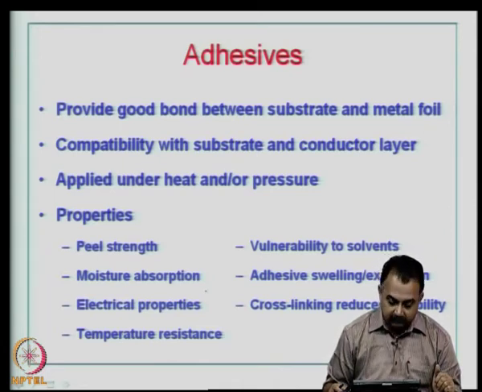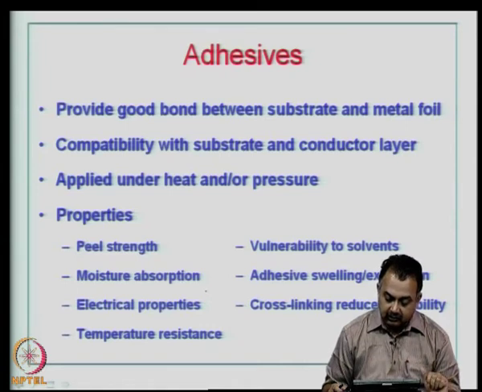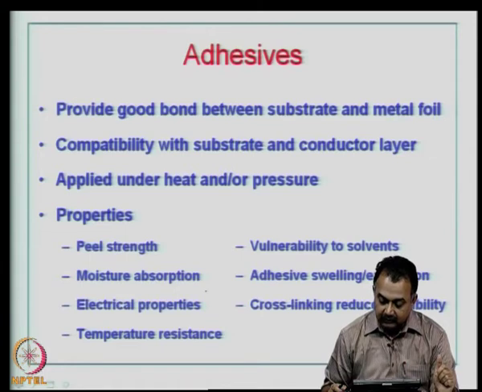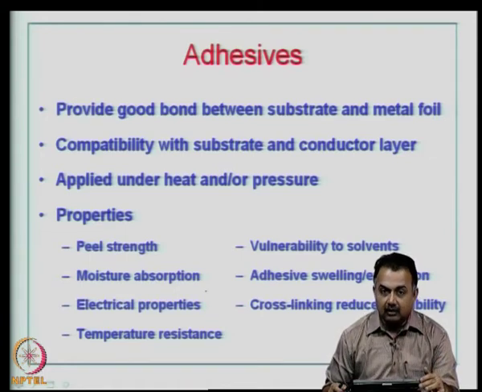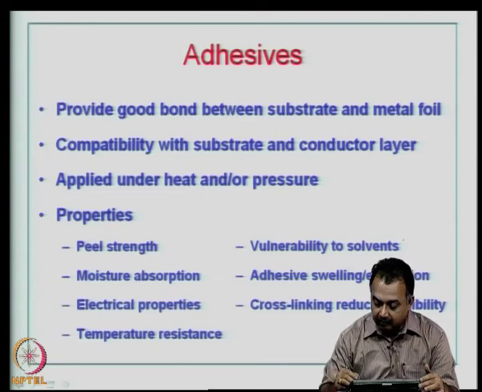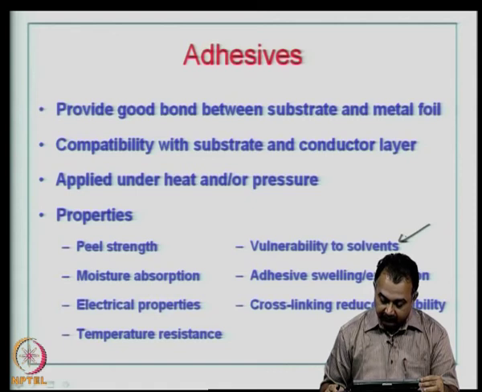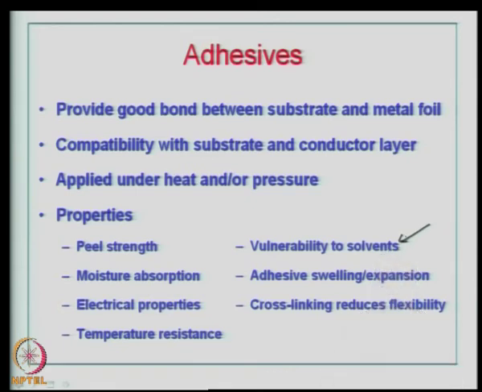Electrical properties, temperature resistance, vulnerability to solvents, because if it is going to be dissolving in certain solvents during the processes and so on, or during assembly, then it can be a problem with delamination between the metal foil and the dielectric. Adhesive swelling and expansion, all these can lead to defects in the entire structure, just because the adhesive has got poor mechanical and physical properties.